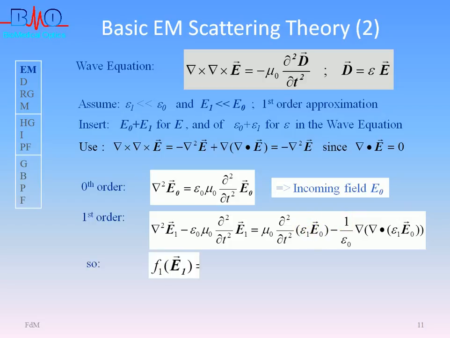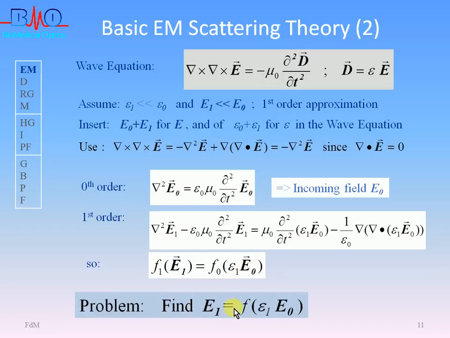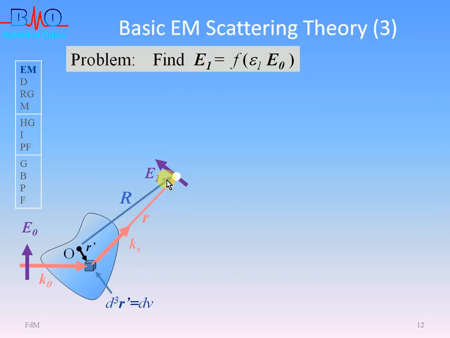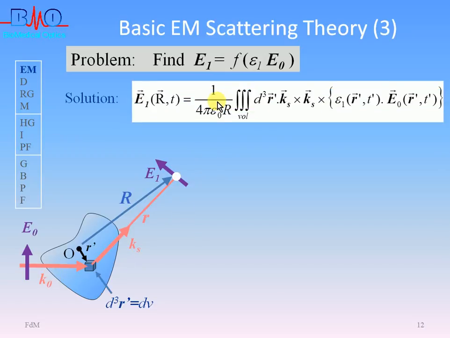As you can see, we have a function of E1 at the left and a function of E0 and epsilon 1 at the right. The problem is now to isolate E1 as a function of epsilon 1 and E naught. Here is the situation: E naught, E1, Ks, K naught. The solution is given here, and that will be derived in the appendix.